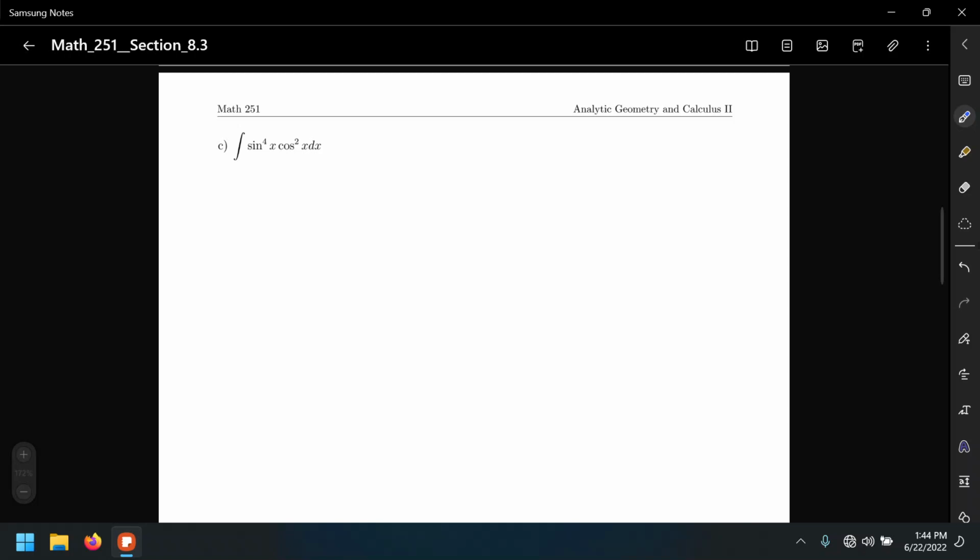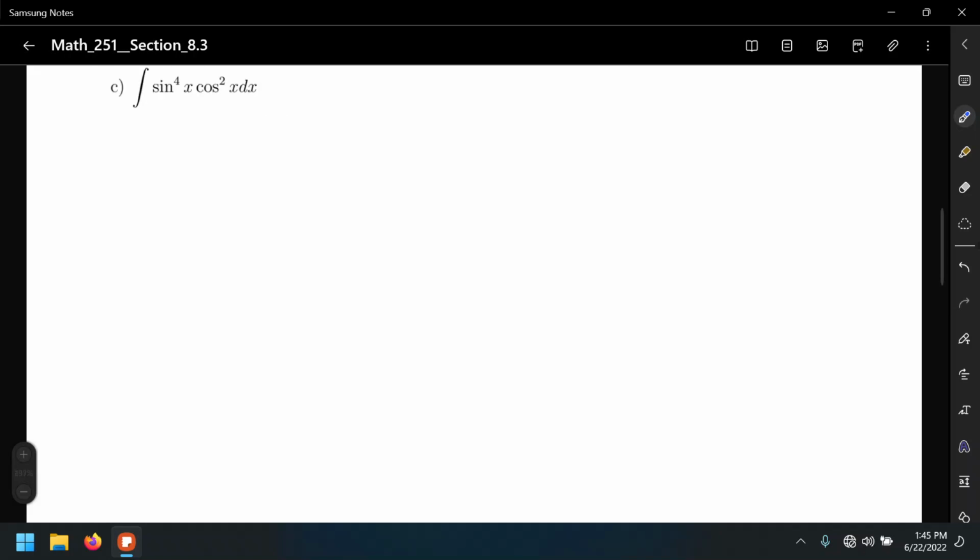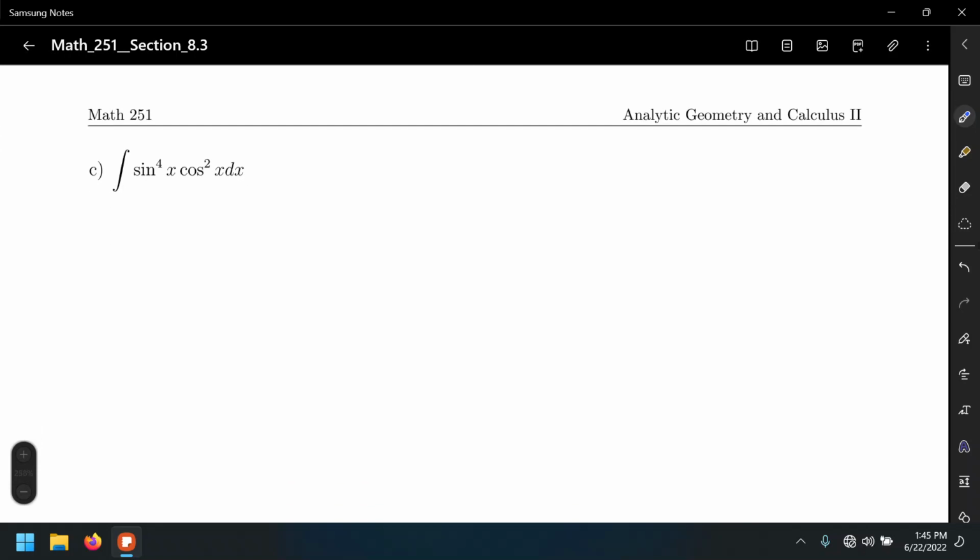Number one, the power reduction formula or half angle formula works when we have, preferably, powers of 2 for everything, for the trigonometric function. Well, in this case, notice we have a power 4.